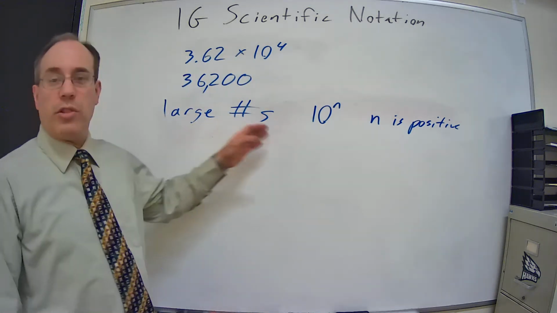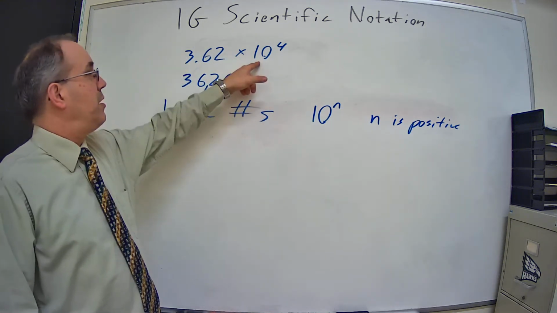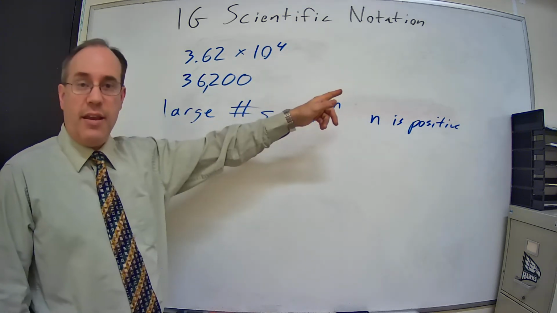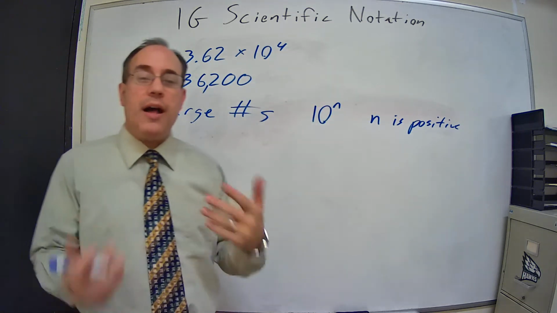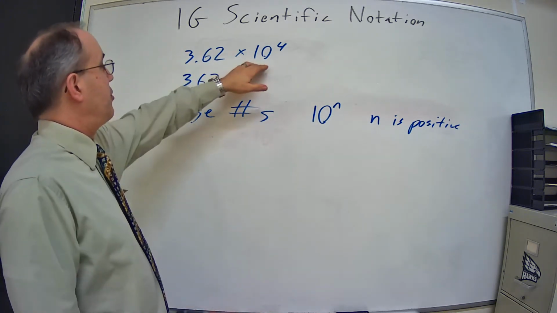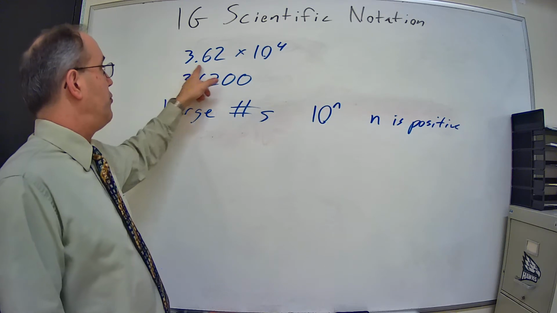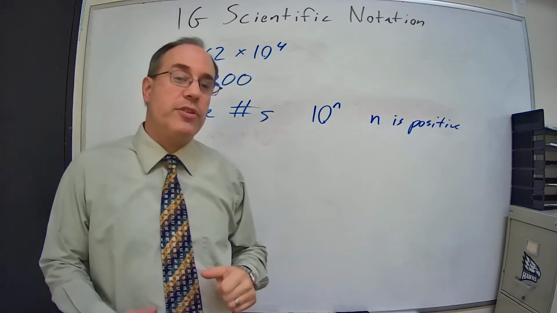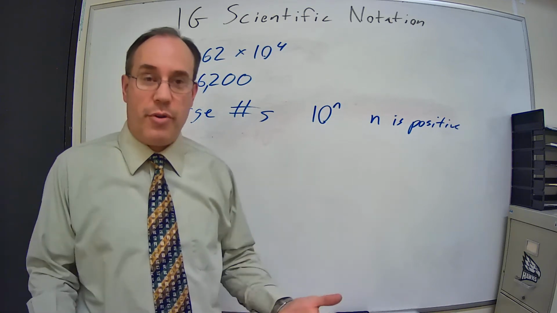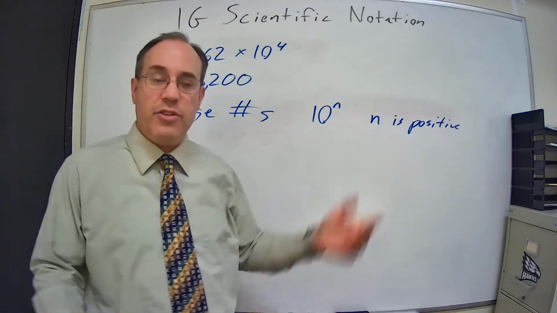That tells us from the scientific notation that we're going to move the decimal point to the right by 4, because that's going to give us a large number, or to the right by n in the generic case.